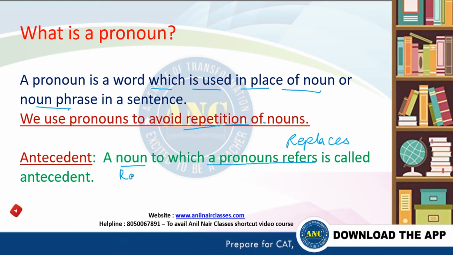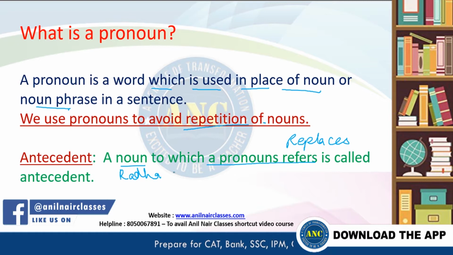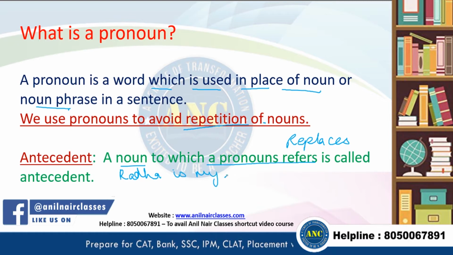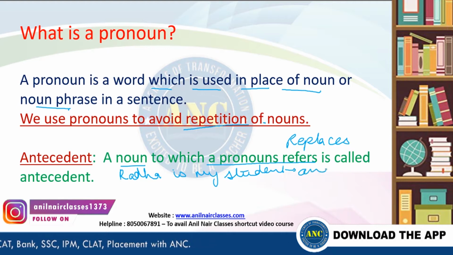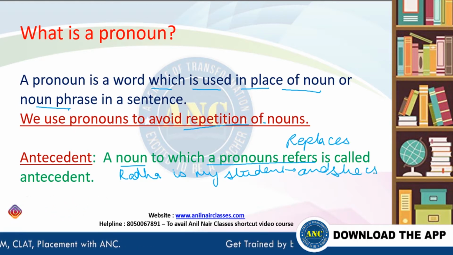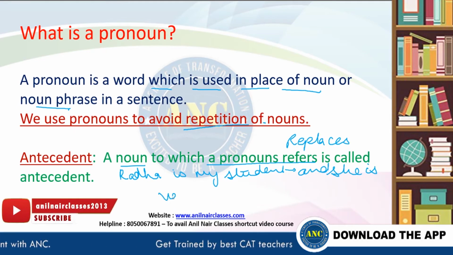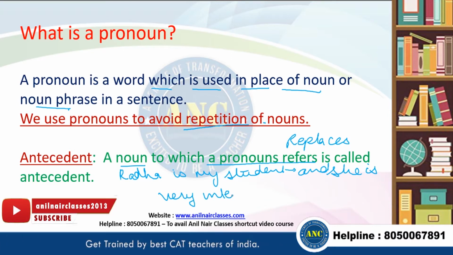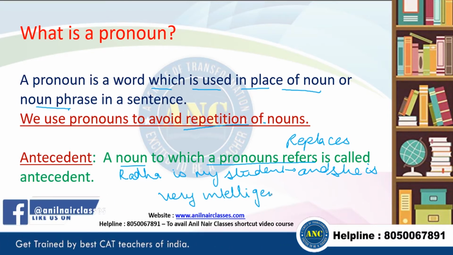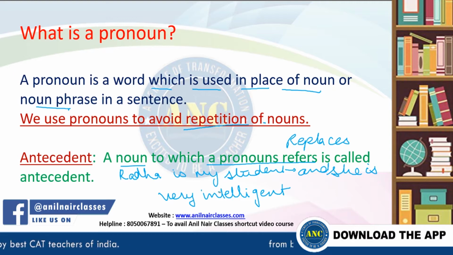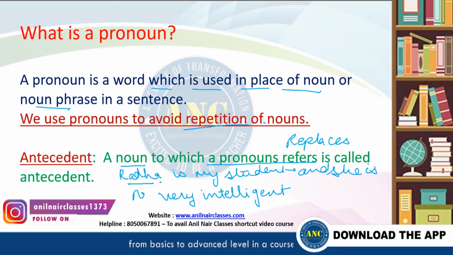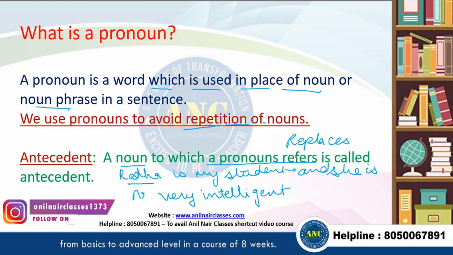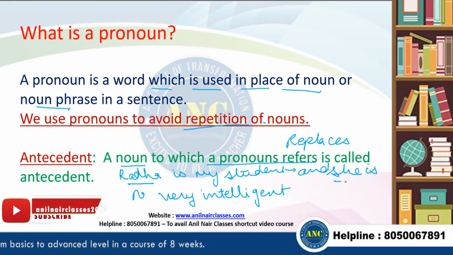Suppose I say, Radha is my student and she is very intelligent, right? When I say Radha is my student, Radha is a noun. Now instead of saying again Radha is very intelligent, I am using the word she.